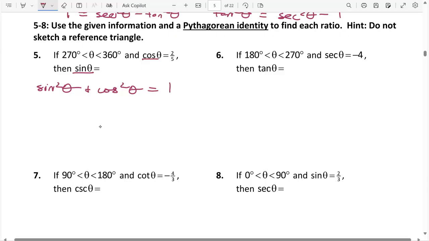The cosine of theta is 2/5. So when we square cosine theta, we get 4/25. If I subtract 4/25 from both sides, then the sine squared of theta is equal to 1 minus 4/25, which is 21/25.